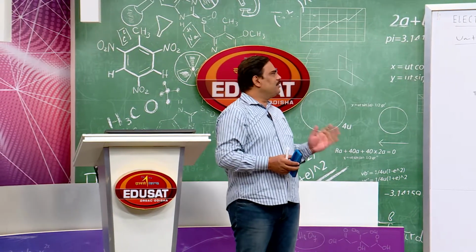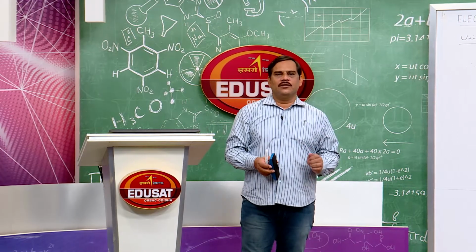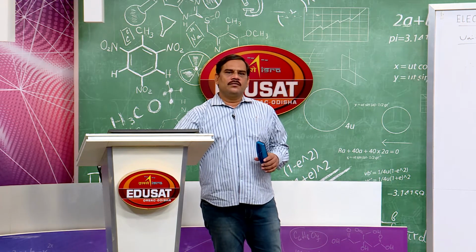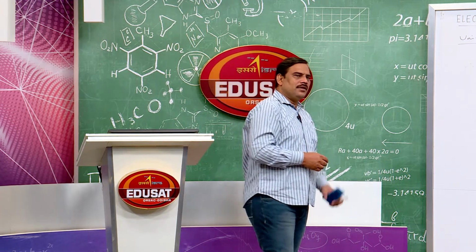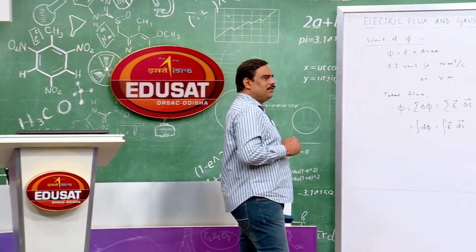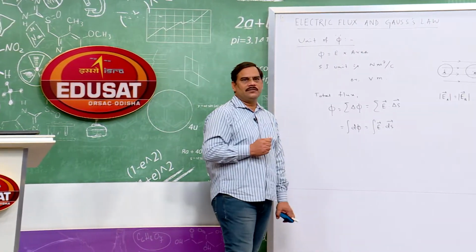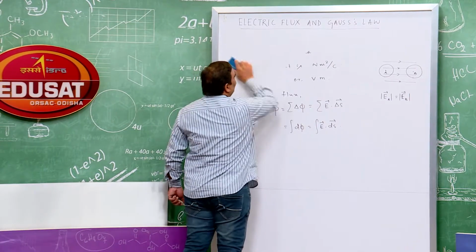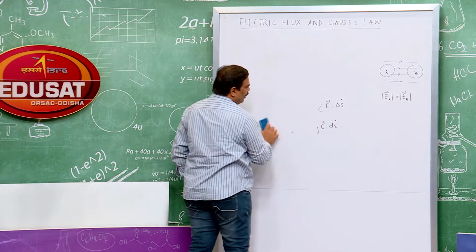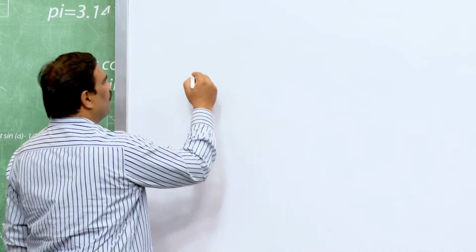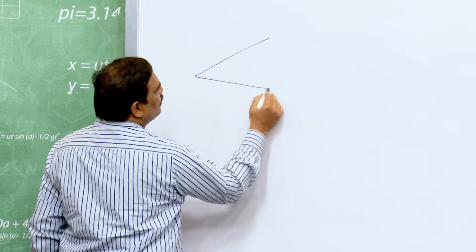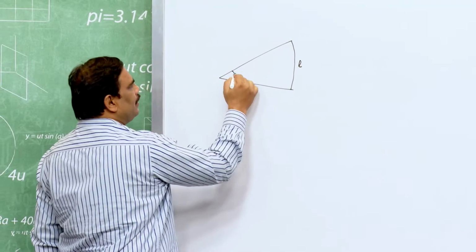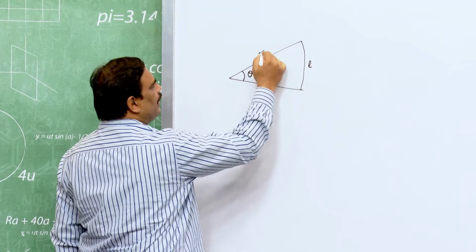Then another thing associated with the calculation of flux is the solid angle. The solid angle is a three-dimensional angle that is formed at the center due to a surface. If I start with a plane angle, let us consider an arc length L making an angle theta with a radius r.